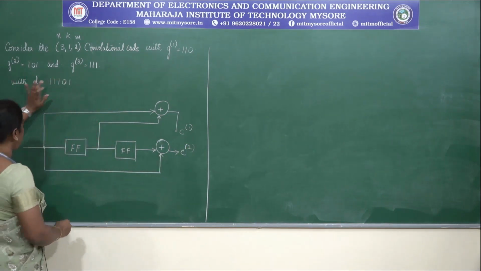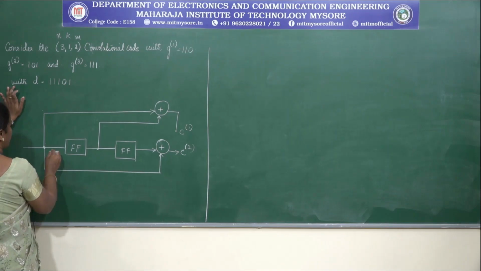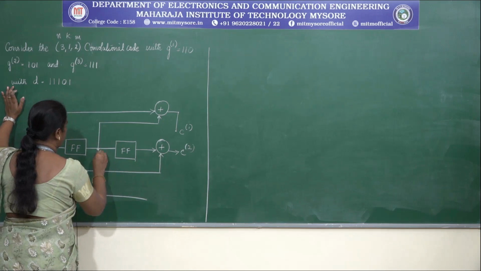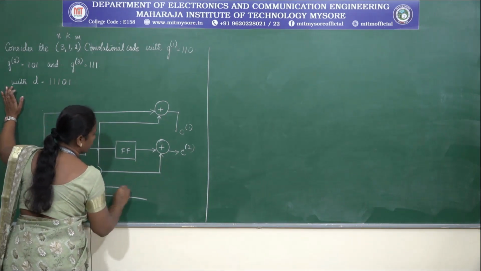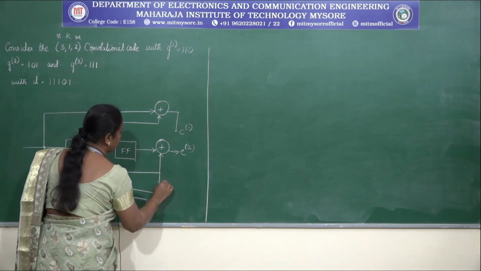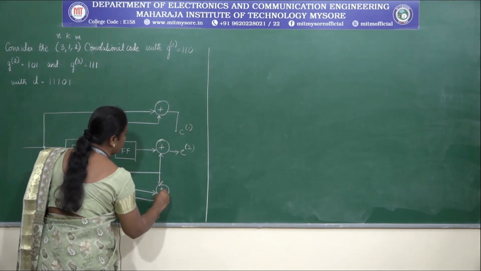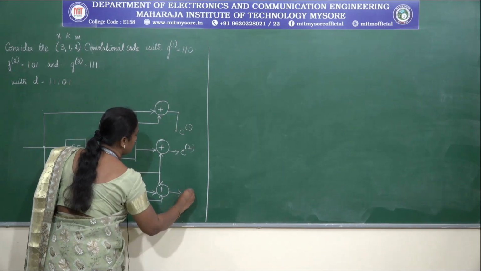Next we have G3. So we have 1 as well as, okay. So this is your C of 3.